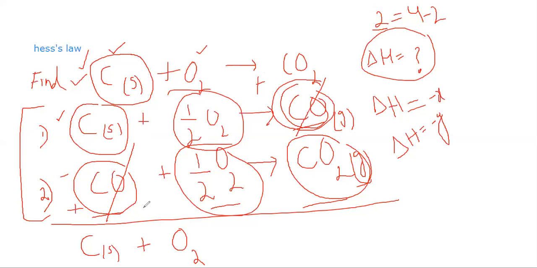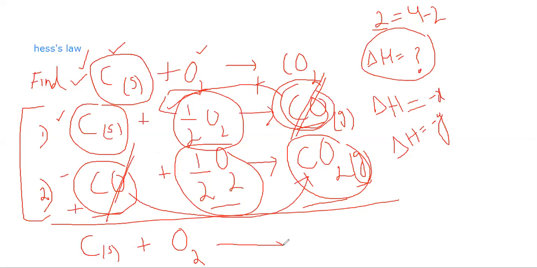We have to add the reactants on one side and products on the other side. If you move this carbon monoxide to this side, it will be in a minus, or if you move it to the other side, it will be in a minus. So in both cases, both values cancel out. Clear? So both carbon monoxide cancel out.